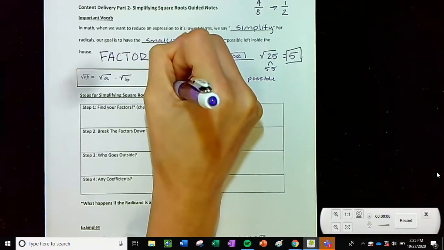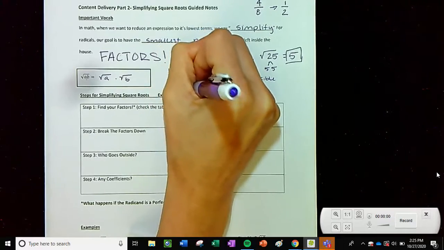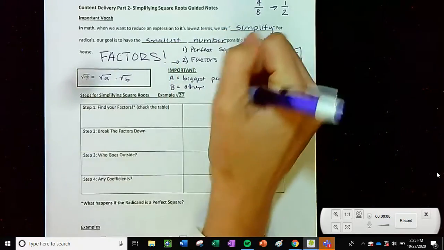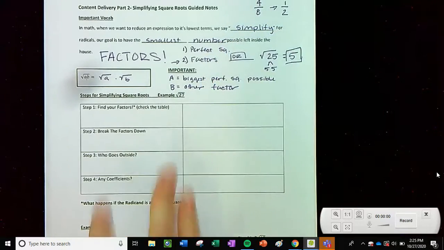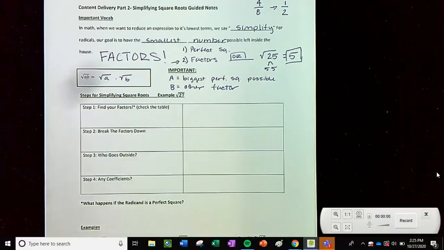And then B is just the other factor that you're multiplying A by to get the radicand. Okay? So let's actually walk through an example, and then I'll make this a lot easier.